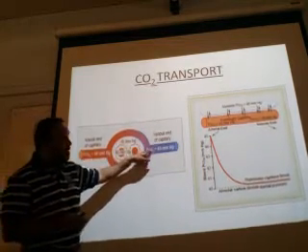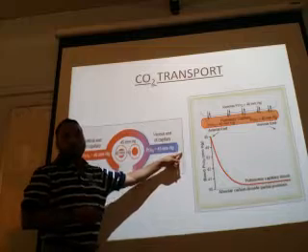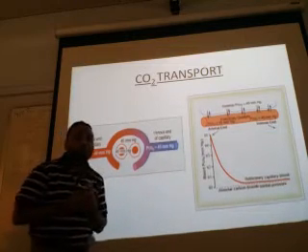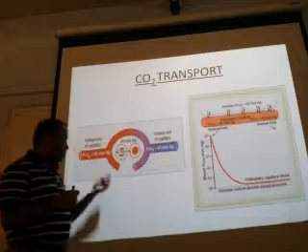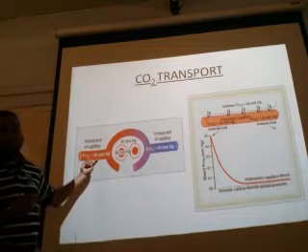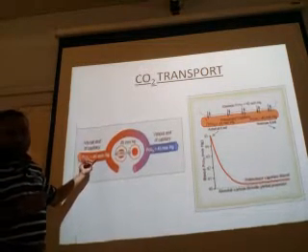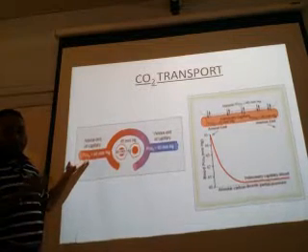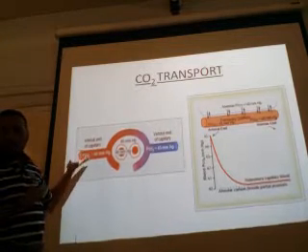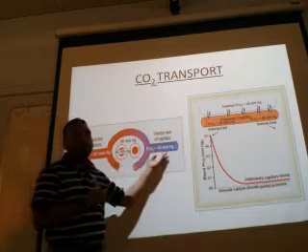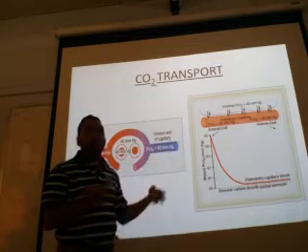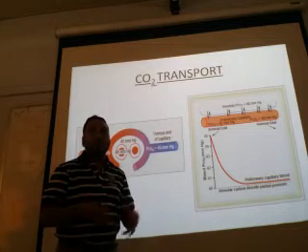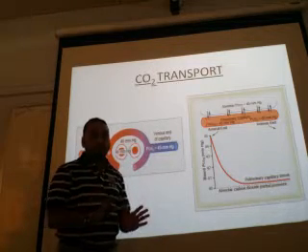So by the time it leaves the venous end, it is picking up carbon dioxide. When it is coming in, the PCO2 is 40, that is oxygenated blood. And when it is going out from the tissues, the PCO2 is 45. That means it has picked up more and more carbon dioxide at the tissue level.